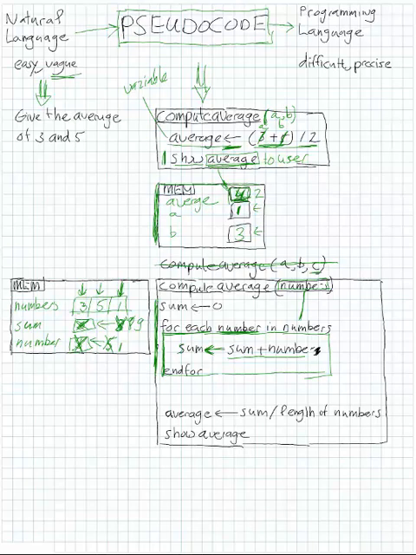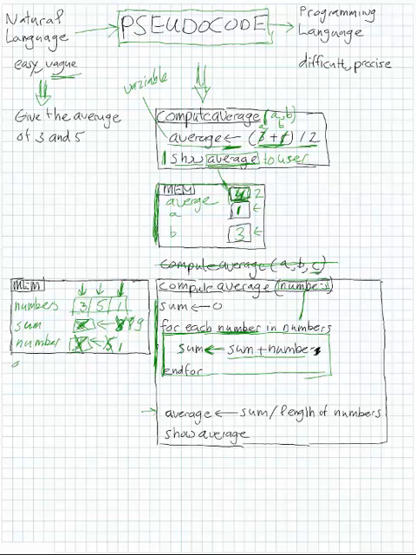Now we have to divide the sum by the length of numbers, and that's what's happening in this line. We divide the sum by the length of the numbers, so that's the number of numbers, and that's 3, and the result is stored in the variable average.